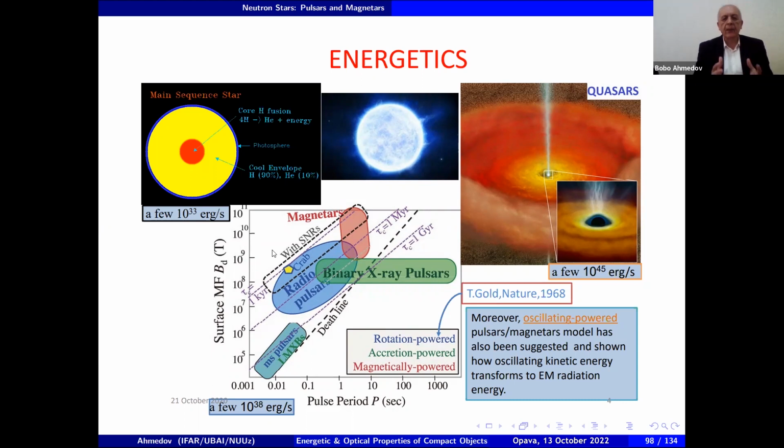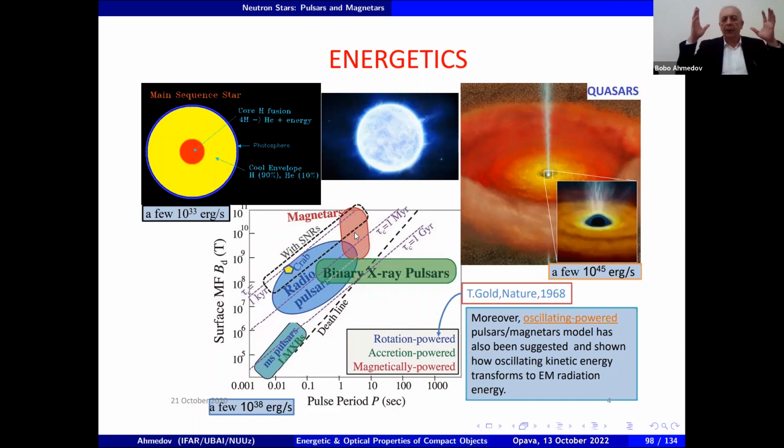And then in the plot, you have this pink area. It is usually for magnetars, they are not rapidly rotating, so the period varies between 1 to 10 seconds, so they are slowly rotating. On the other hand, they have a very strong magnetic field, so these objects are magnetically powered.